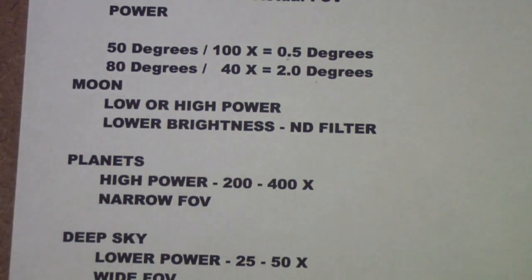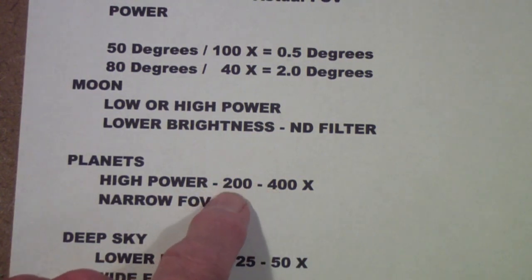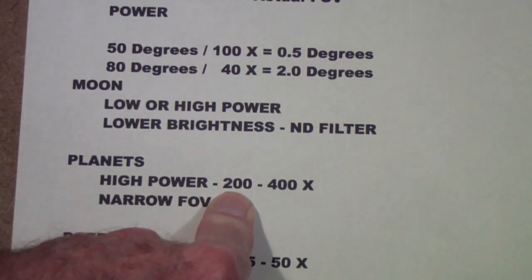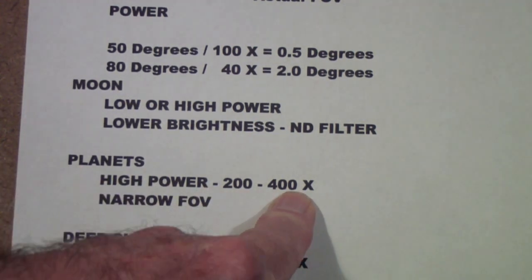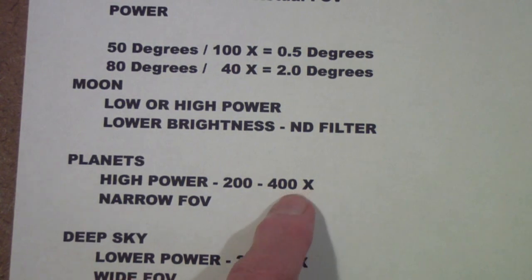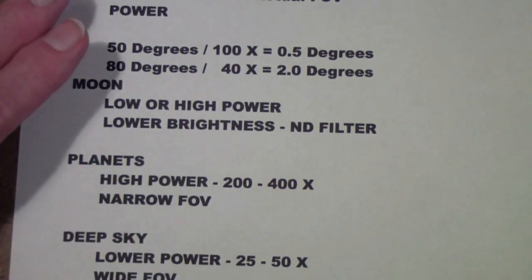The relative focal ratio of the telescope and the eyepiece, the size of the objective of the telescope in terms of being able to get maximum resolution, and the seeing conditions that particular night. If the seeing is bad, you'll be lucky to get away with 200 power. But if the seeing is great and you've got a fairly large objective, like an 8-inch or so, you can use up to 400 power generally on planets.